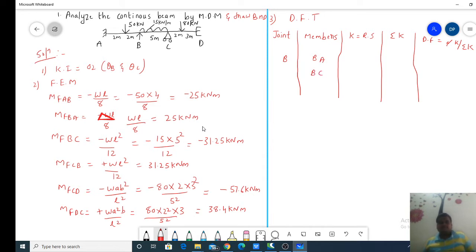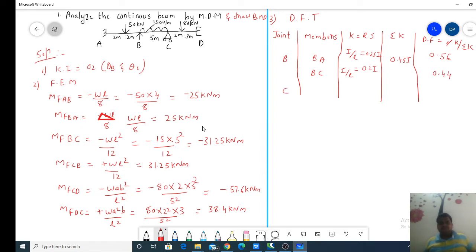For BA, A is a fixed support, and you know that for a fixed support or continuous support the formula is I upon L. I is I as it is and L is 4, so this will be 0.25 I. Similarly for BC, C is a continuous support, so once again it is I by L, I divided by 5, which is 0.2 I. The sum of these is 0.45 I. Then 0.25 upon 0.45 comes out to be 0.56, and similarly the other comes out to be 0.44. And if you see, the sum is 1.